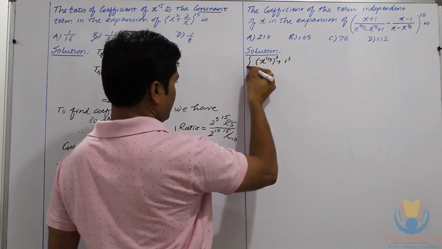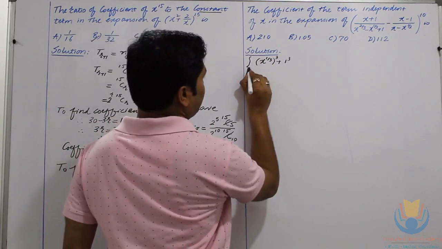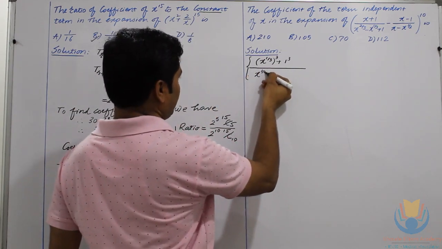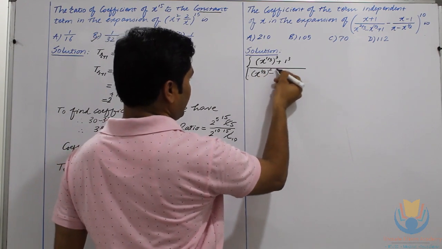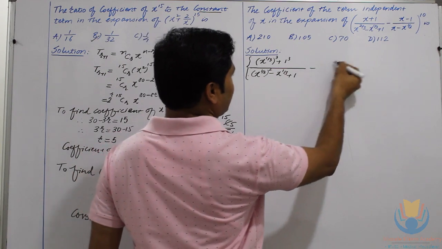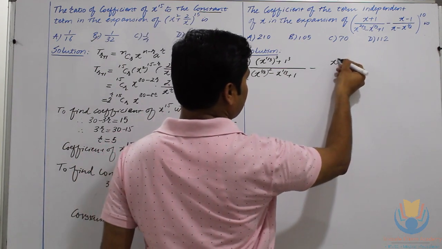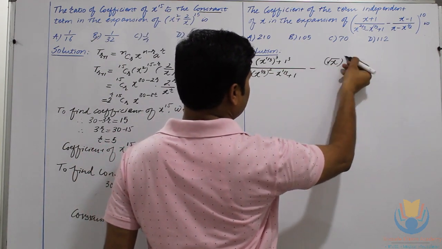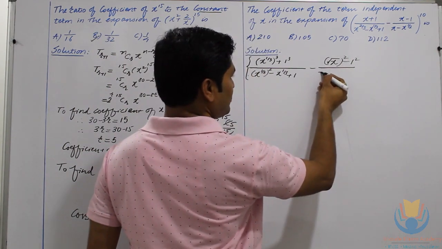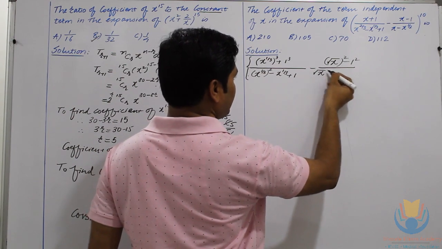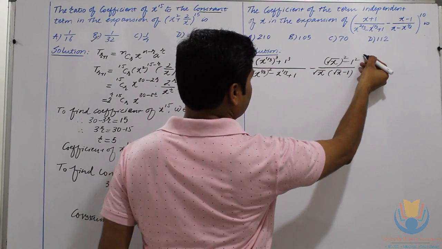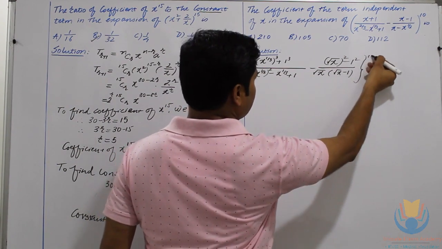Let's use a curly bracket, and the denominator you can write as (x raised to 1 upon 3) whole square minus 1 into x raised to 1 upon 3 plus 1 as it is, and minus, which can be written as (root of x) whole square minus 1 square, whole upon this. From those two terms we can take root x common, and here root x minus 1 is left, so this is whole raised to 10.